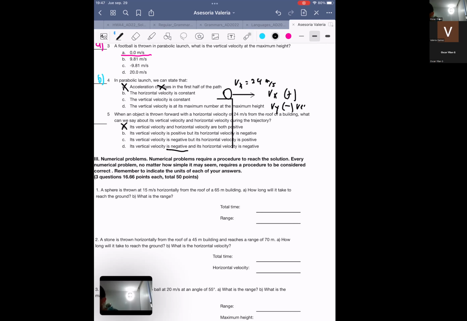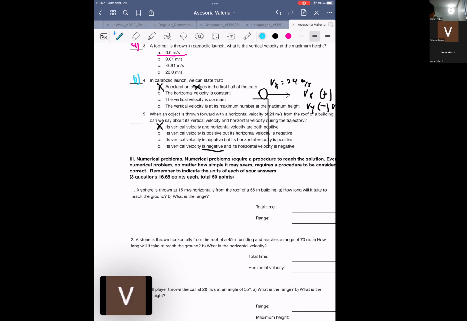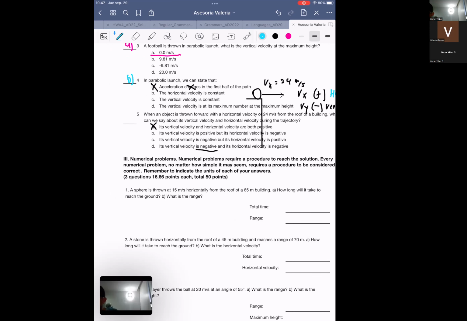Remember that Y is vertical and X is horizontal, right? So basically it will be letter C. Its vertical velocity is negative, but its horizontal velocity is positive, right? Perfect.